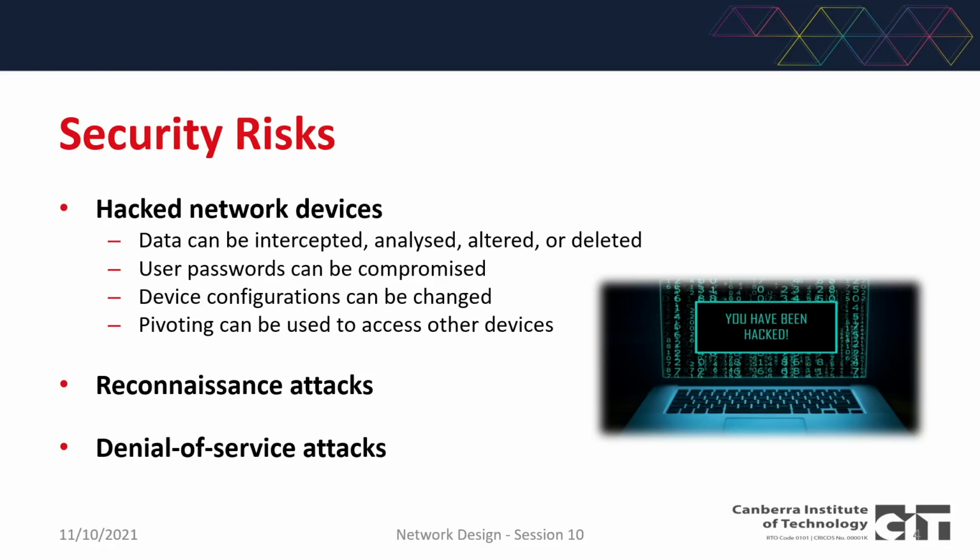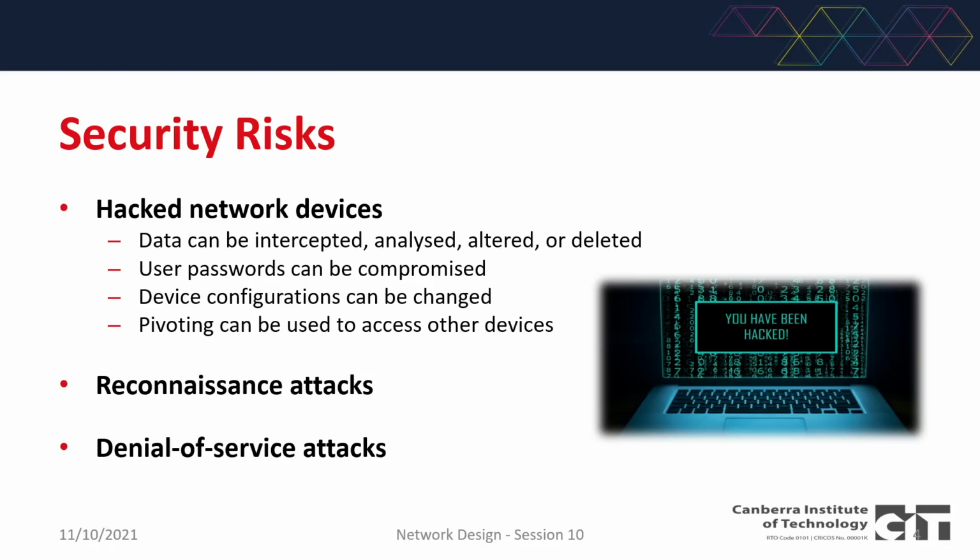Now, hacked network devices can also expose user passwords that can be compromised. If a user password is compromised, that usually means that all the other devices that have the same password are also compromised. Hacked network devices can also make changes to device configuration, and they can be pivots for all the network attacks.